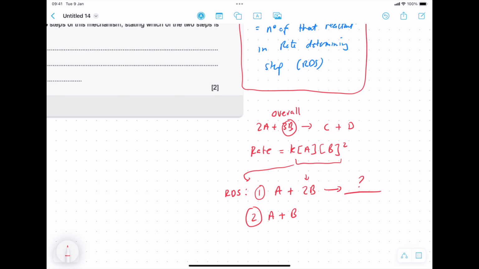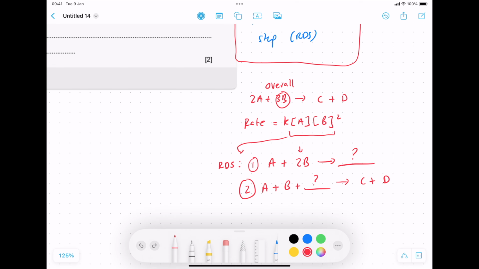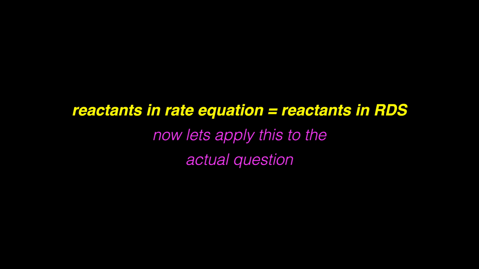So A and B are left over, and they must react with this question mark, this intermediate, to produce the products C and D. So what I've come up with, using a different color, is a simple 2-step mechanism for this reaction that I've just made up: the rate determinant step followed by whatever's left over being used in the second step.